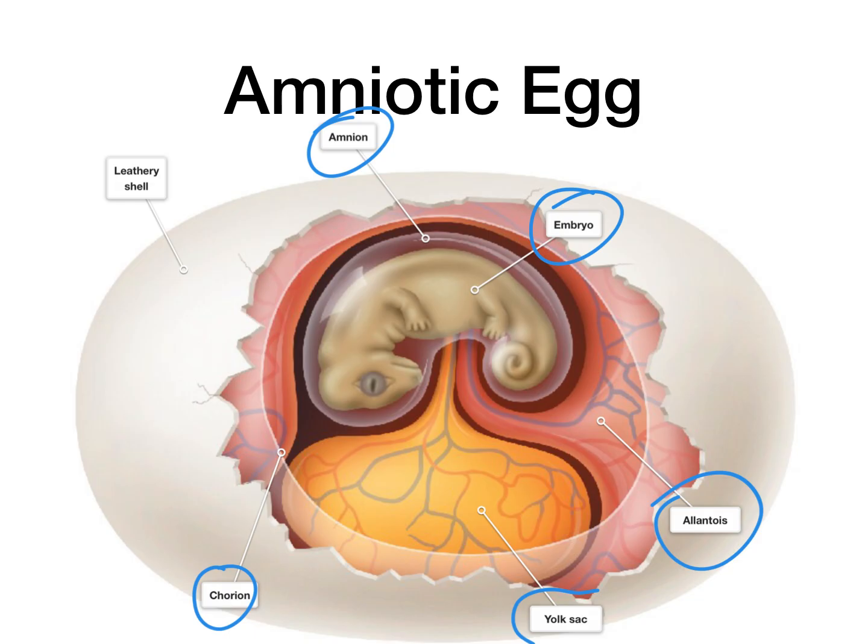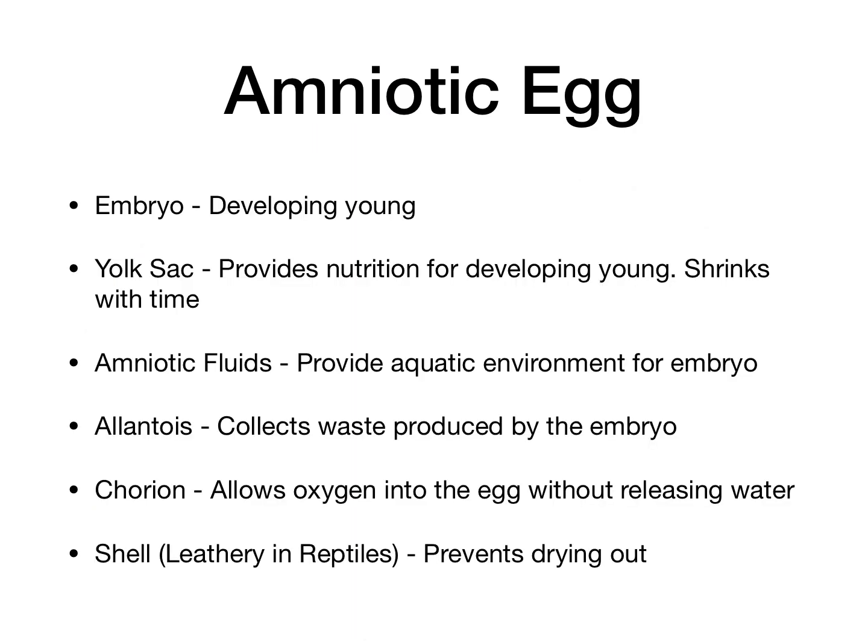The allantois collects the waste, and you can see it's going to collect the waste in this space here. The amnion surrounds the young, the embryo, and the chorion lines the egg. So that's kind of a key feature of the amniotic egg. So you can see all of these features.